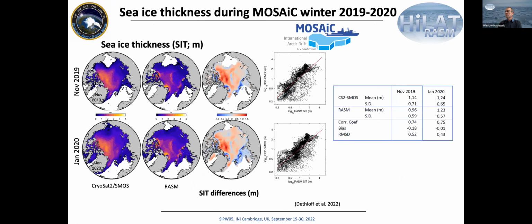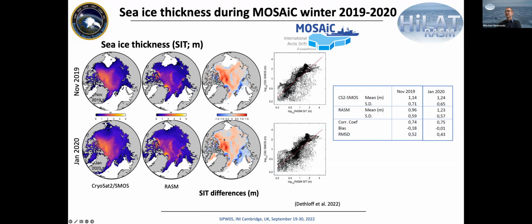So now we're showing some comparison with the mosaic data here. Let's start with the scatter plot between the mosaic Cryosat-2 SMOS combination versus the RASM sea ice thickness distribution for November 2019. And then the bottom scatter plot is for January 2020. This is the wintertime development of the ice thickness distribution.